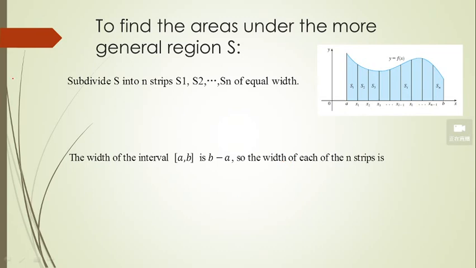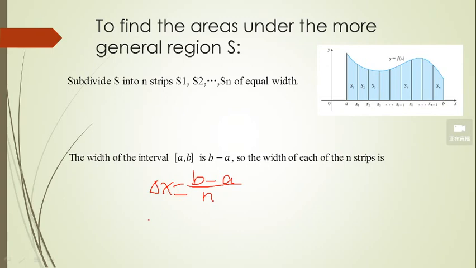We have n strips, so the width for each strip will be (b minus a) over n. Now we will call this delta x. This is an important notation, and we will use it frequently.